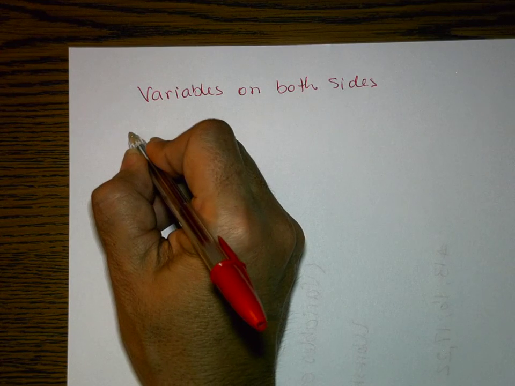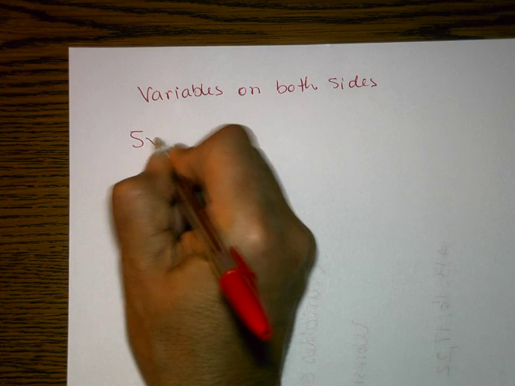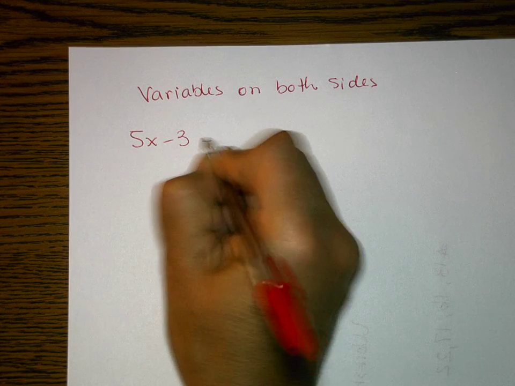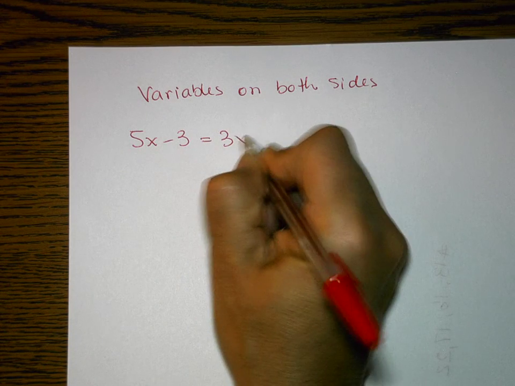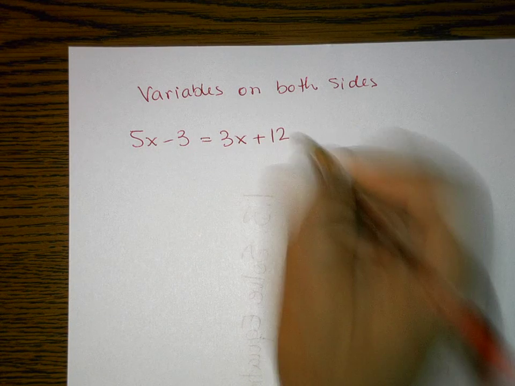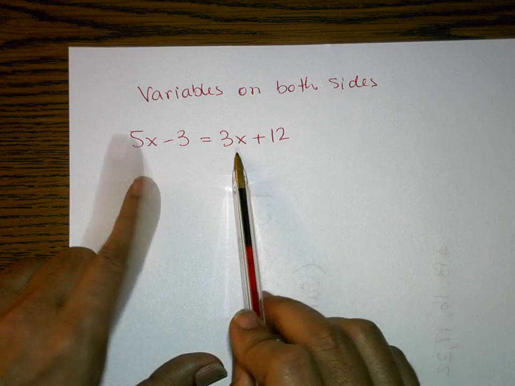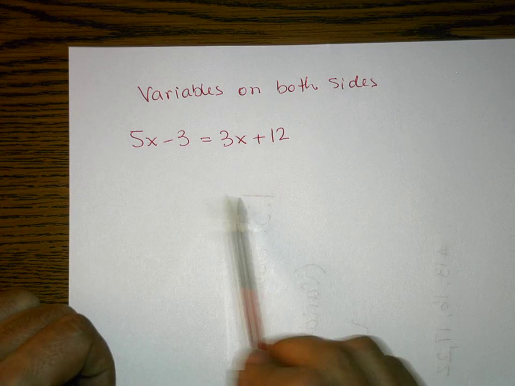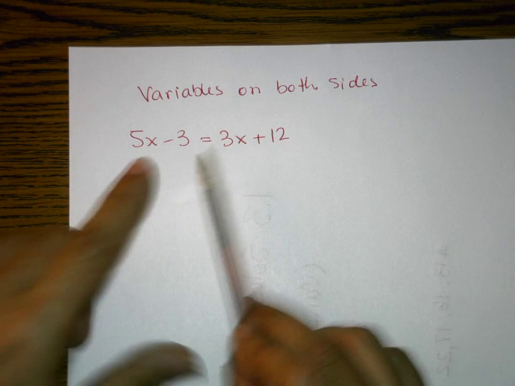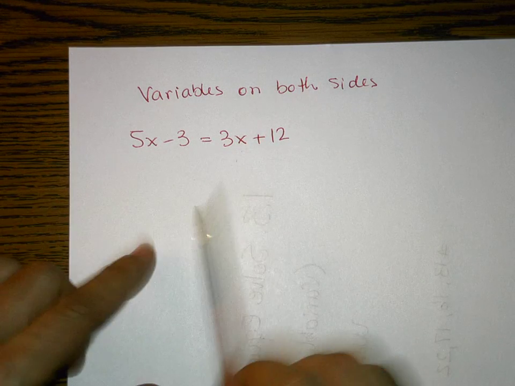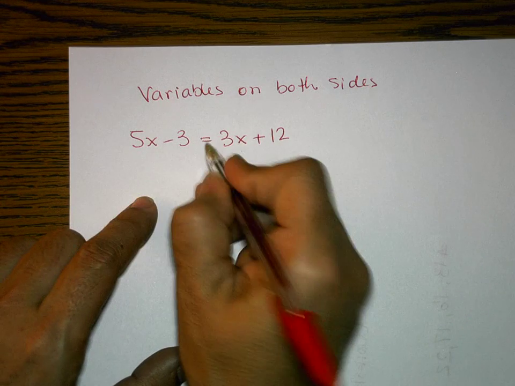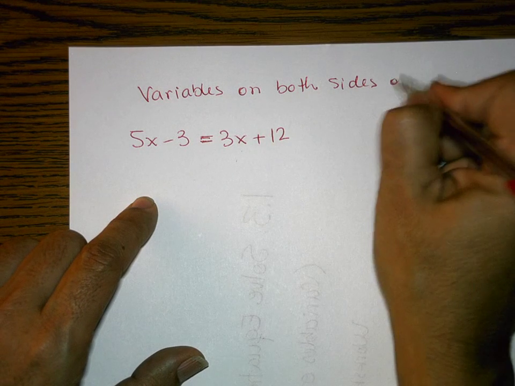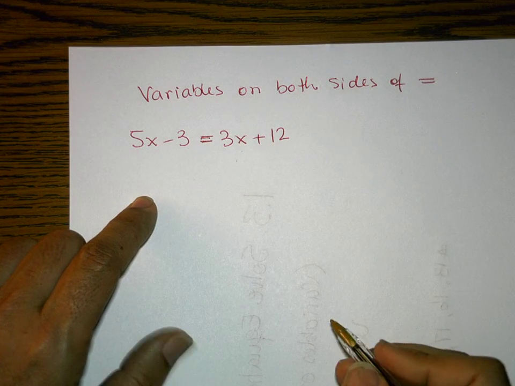For example, I can have 5x minus 3 equals 3x plus 12. So now I have variables on both sides. I'm not going to solve this one because I just made it up, but that's what it means. The variable is not on just one side, now it's on both sides of the equal sign, okay?